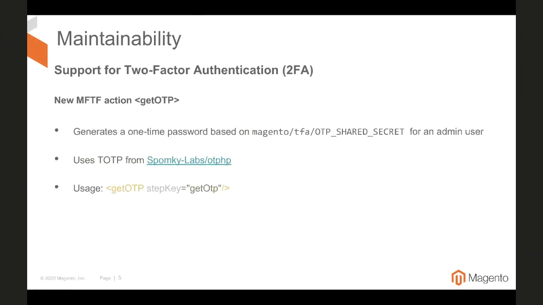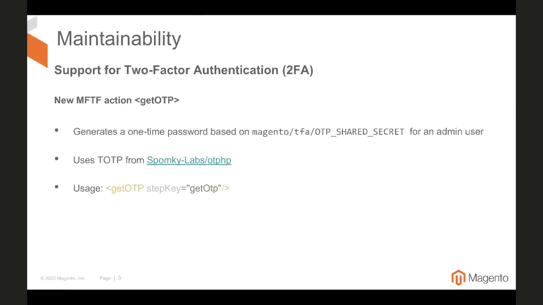We also introduced a new MFTF action called getOTP. This command is used to generate a one-time password based on the shared secrets for the admin user. Internally, we use the Spomky-Labs OTP library to implement this feature.